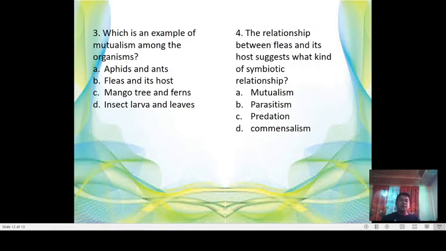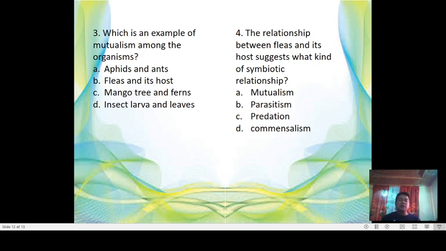Number 3, which is an example of mutualism among the organisms? A, aphids and ants. B, fleas and its host. C, mango tree and ferns. D, insect larvae and leaves.